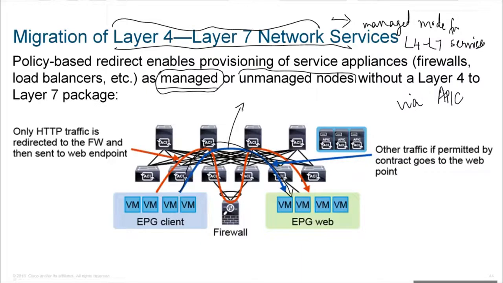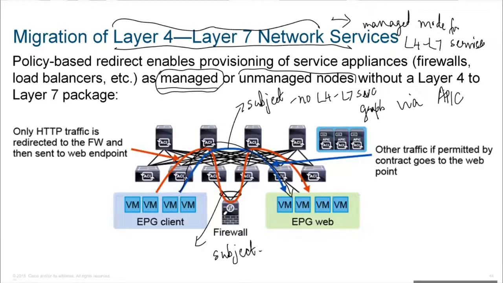This particular subject does not have a layer 4 to layer 7 service graph. And the red one, that subject has a layer 4 to layer 7 service graph applied in that contract.